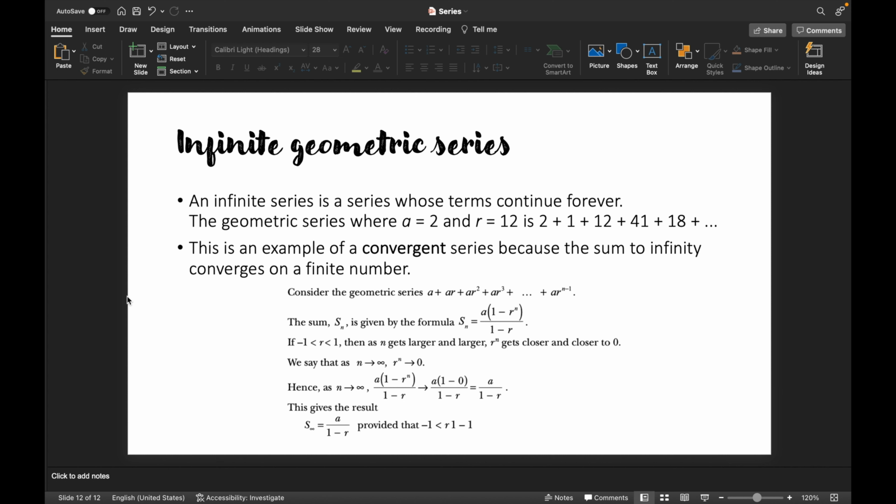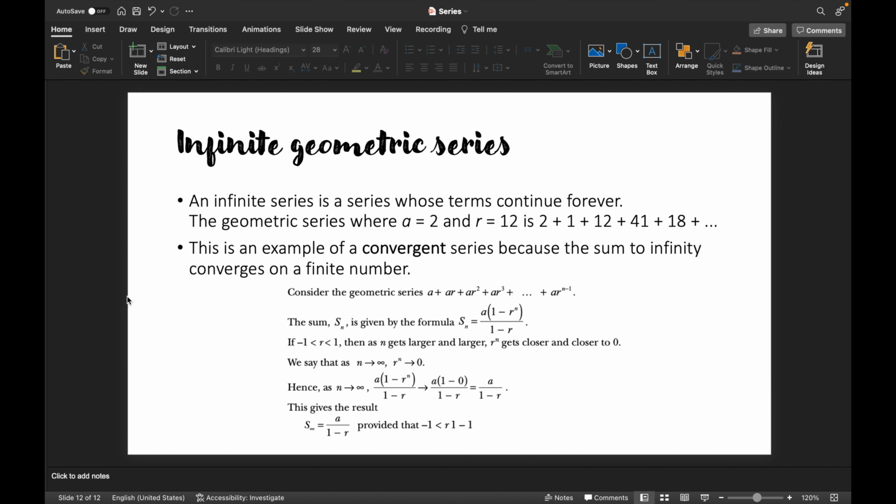Therefore, if the common ratio is between -1 and 1, not included, the terms will get smaller and smaller. It becomes so small at a certain point that it's insignificant, and therefore you can find the sum.